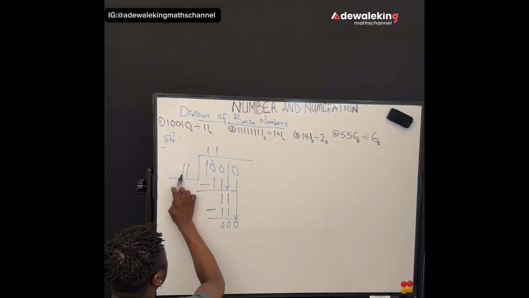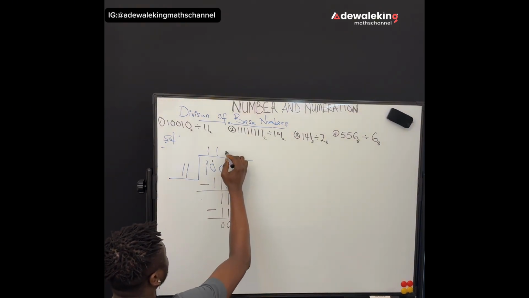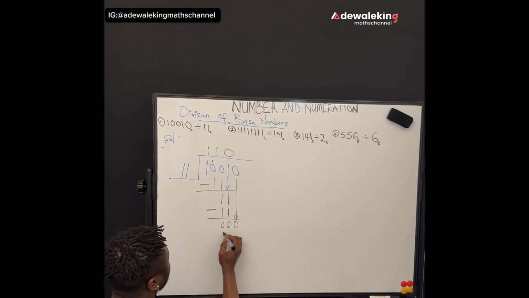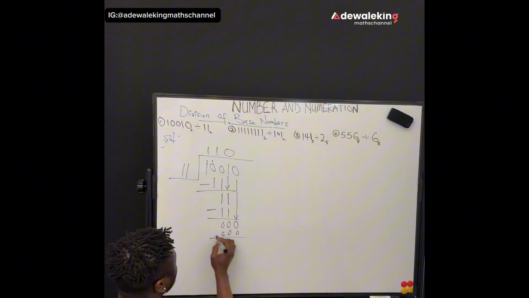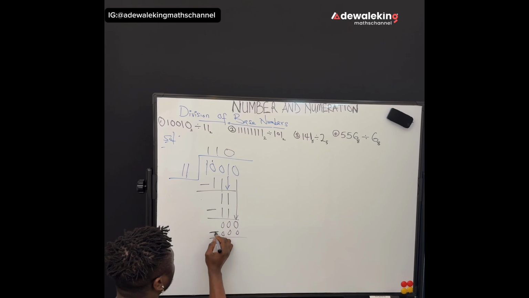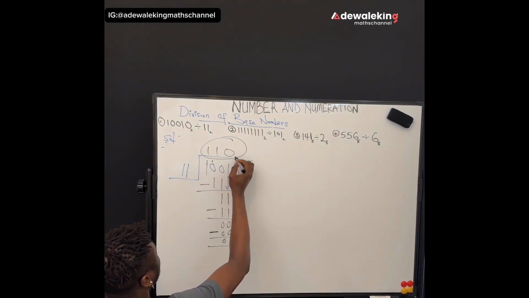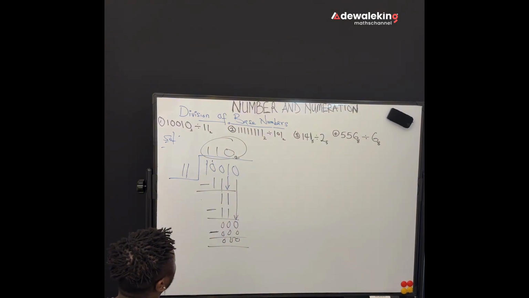So we say 1, 1 divided by 0 will be 0. 0 times 1, 1 will give us 0, 0, 0, and you put another minus sign. So this will be 0, 0, 0, and the answer will be 1, 1, 0 in base 2. So that is the quotient.